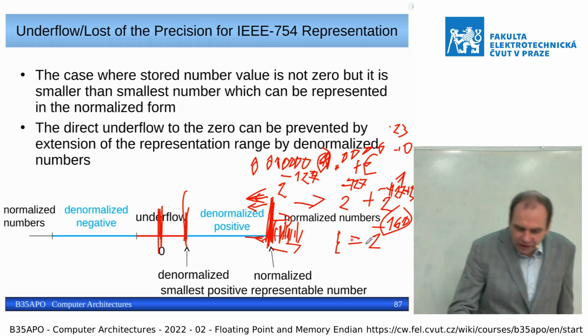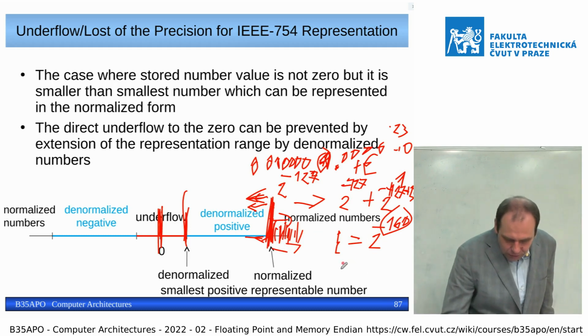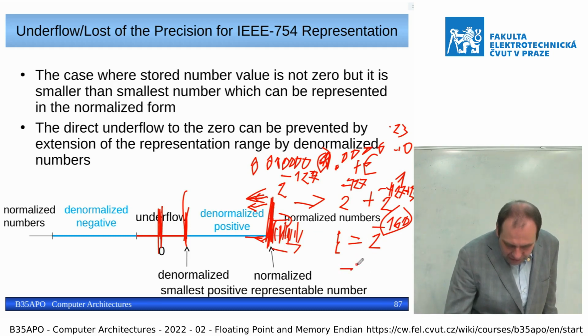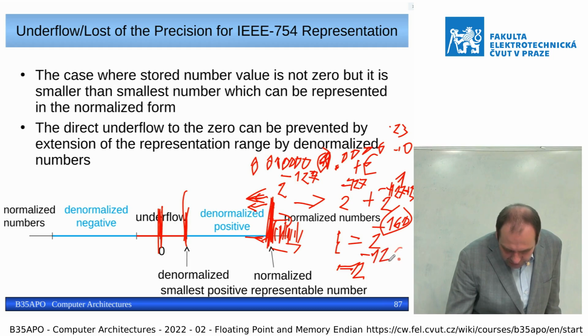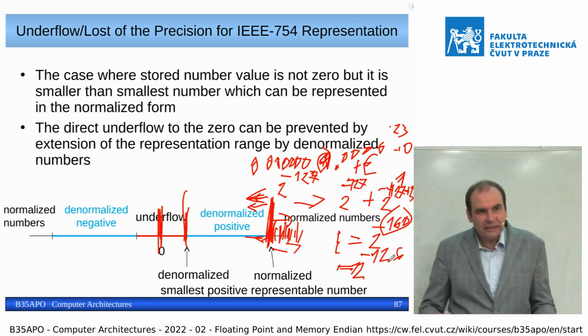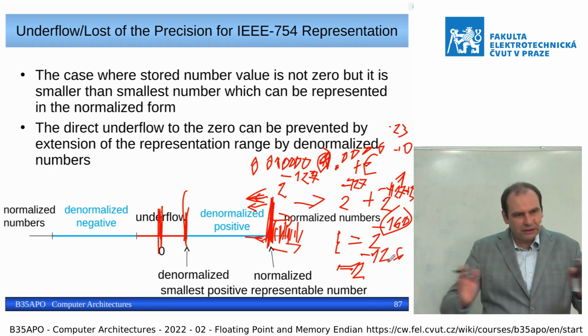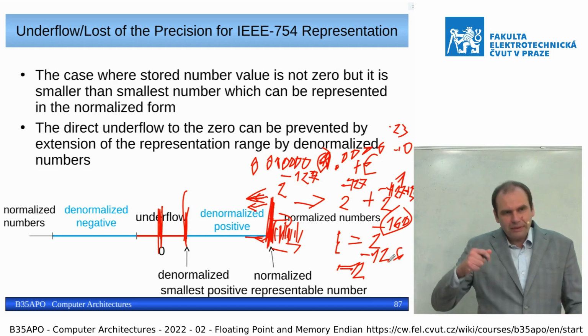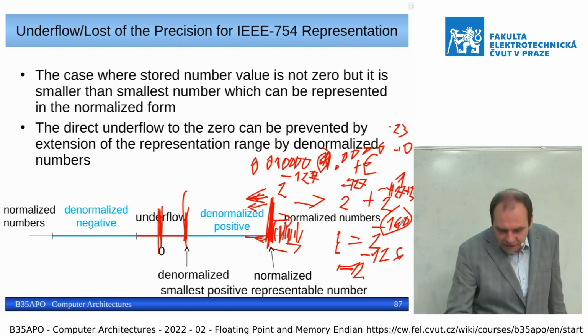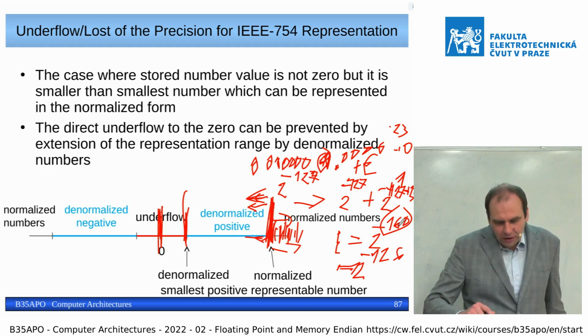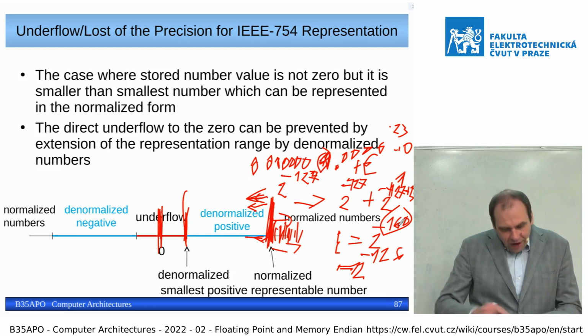values. For sure, at the moment when we get to the value 2 to the 126, then in this case our representation shifts, and the next precision is only in the steps which are of twice bigger size.